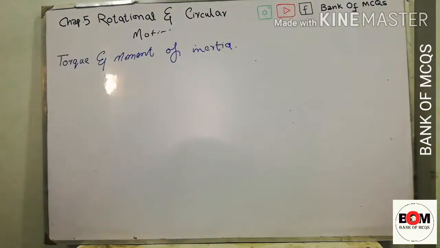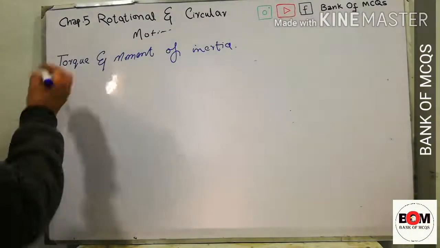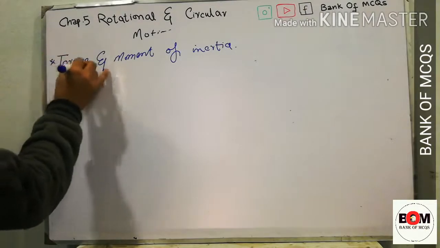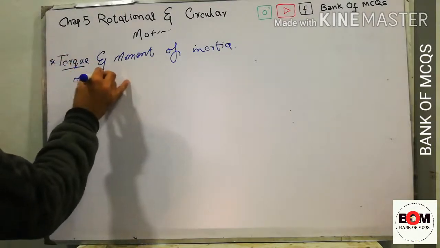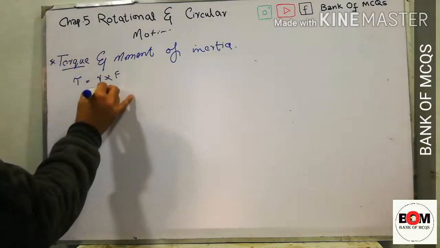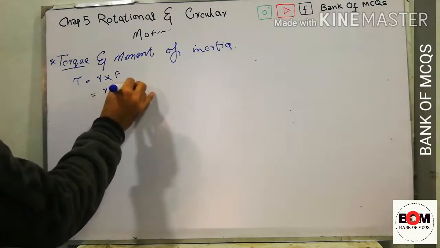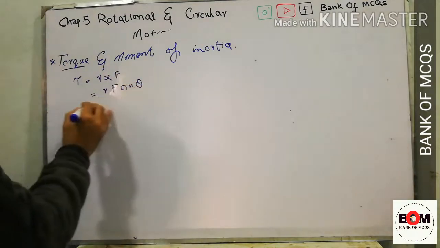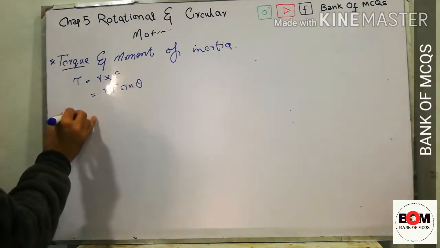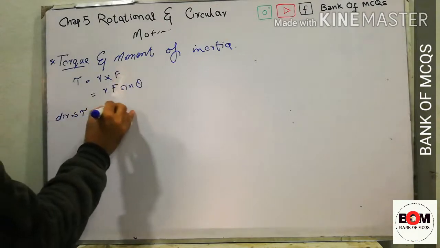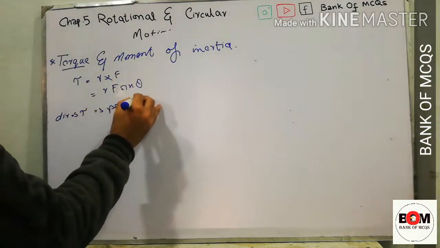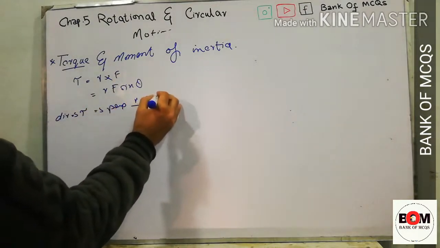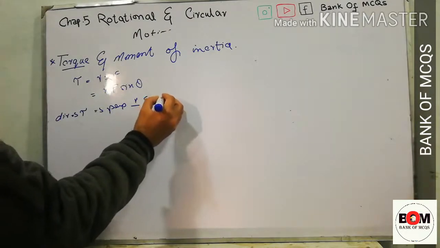The next topic is torque and moment of inertia. From previous studies, we know that torque is equal to r cross f, or torque is equal to rf sin theta, and the direction of torque is perpendicular to the plane that contains r and f.